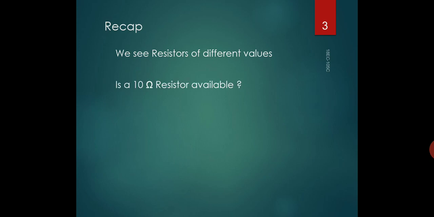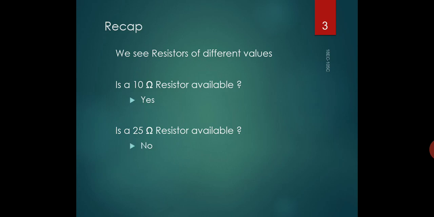Now let us recall what we have looked into that will be useful for this current topic. We have seen resistors of different values. Now let us check if there is a resistor of 10 ohms available. Yes. Now have we ever seen a resistor of 25 ohms available?